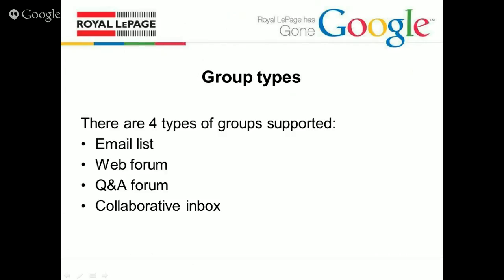A web forum is more designed to be a place that people go to have discussions and to post. People could set their preferences so that they are receiving emails from that web forum, but it's more optimized towards having an online discussion forum. The Q&A forum is similar to the web forum.